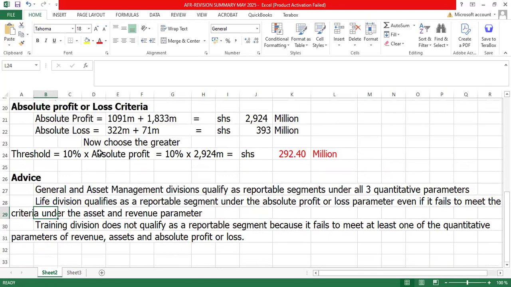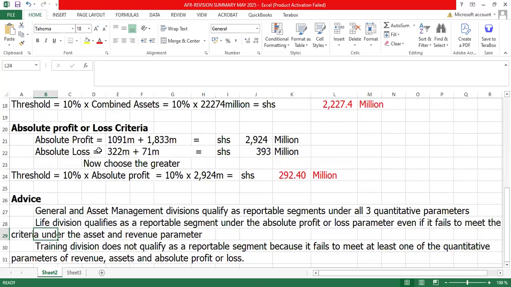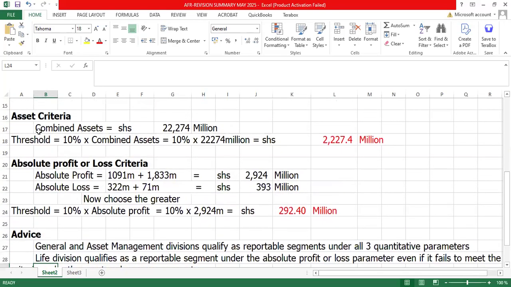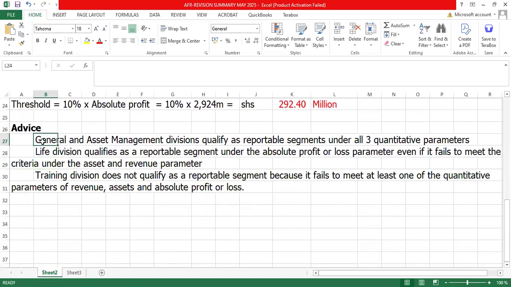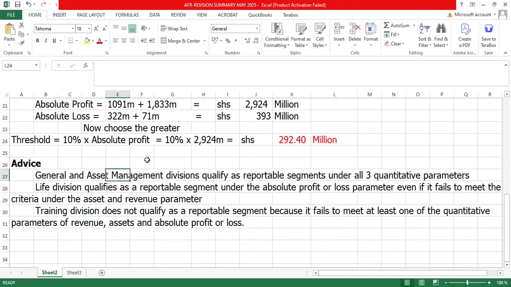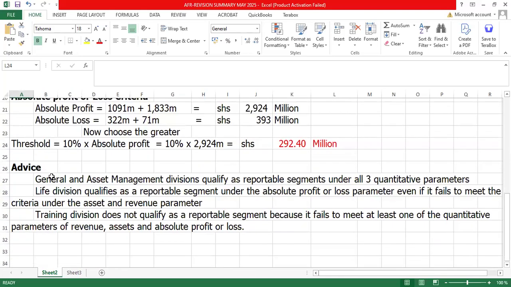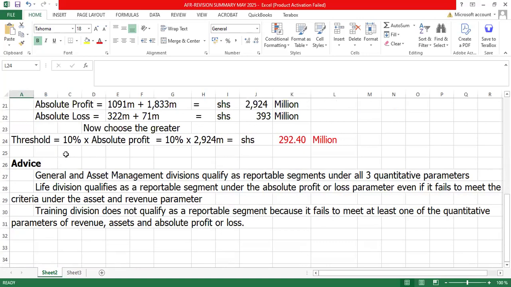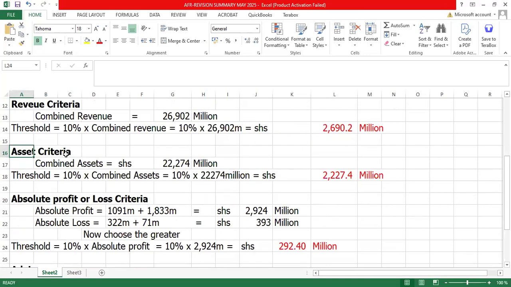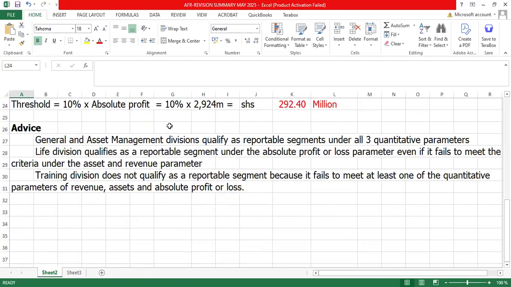You can put in figures to clearly show that, if you're talking about the assets for the general division, you bring in the value. What is the asset value? You can bring the figure there.